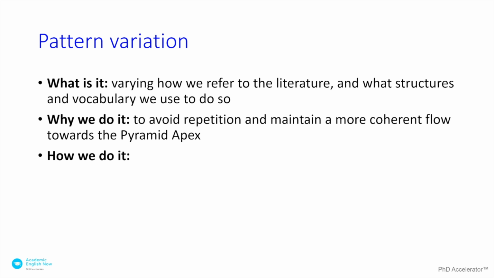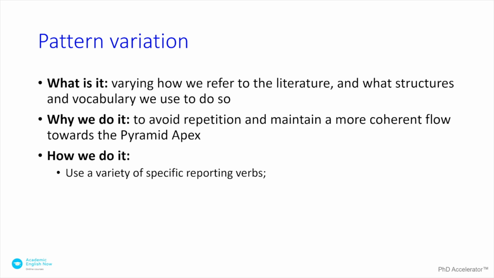How can you include pattern variation in your literature review? Well, first of all, you can use a variety of specific reporting verbs, right? So you definitely don't want to use verbs like say or tell or write, because they are way too simple and not academic. But you want to use more academic and specific words like shows, demonstrates, but also you want to vary them.